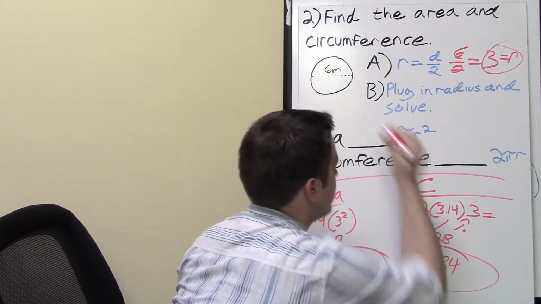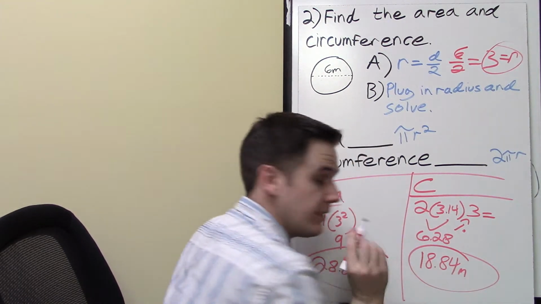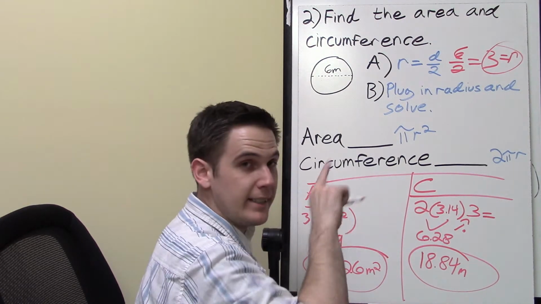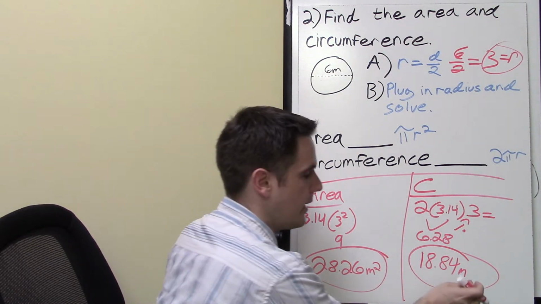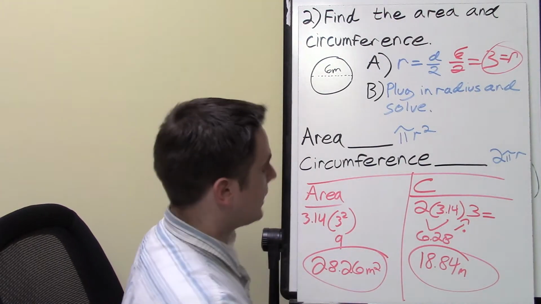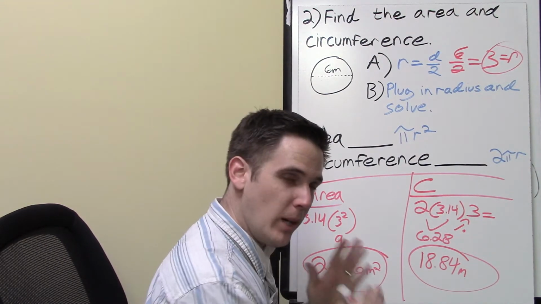Oh, sorry, and that's just plain meters, not meters squared, because circumference is distance, so there's no exponent necessary for the unit of measurement.